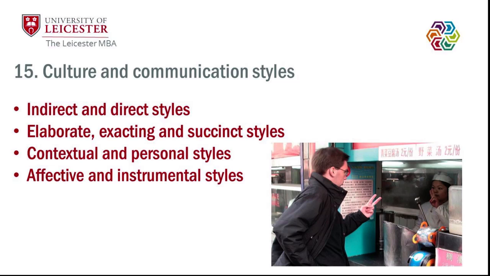The exacting style is more common in nations such as the United Kingdom, Germany and Sweden. And this style focuses on precision and the use of just the right amount of words to convey the message. If a person uses too many words, it's considered exaggeration, and if they use too few, then the consequence is an ambiguous message.